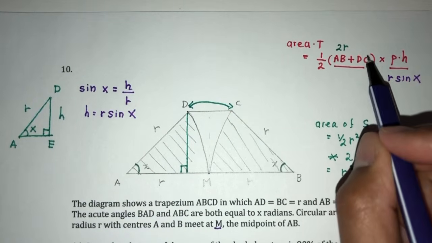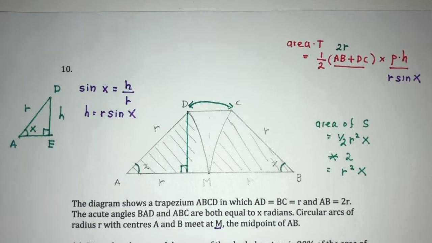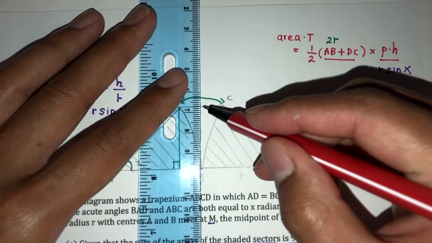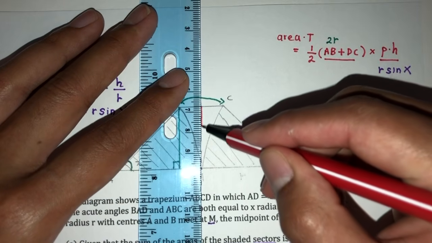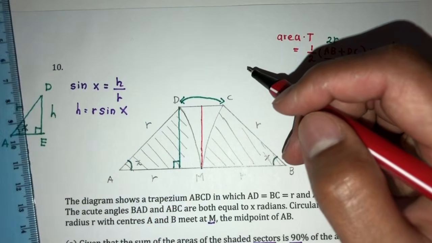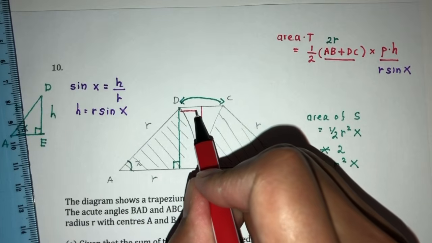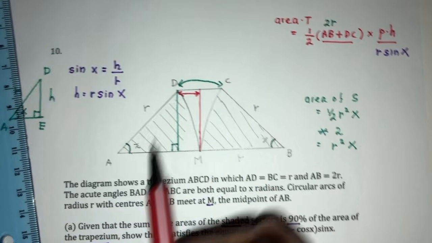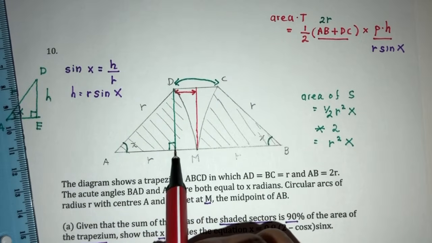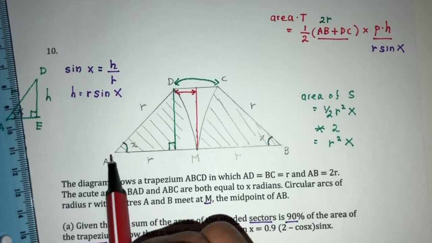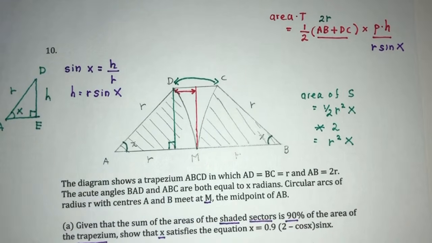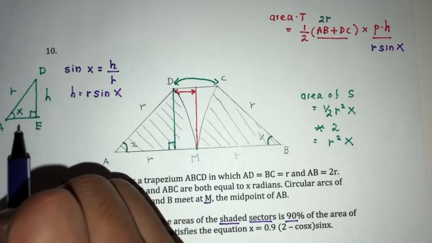Now we have to find DC. Now, how can you find DC? Let's observe. We have to break this down into a few pieces. For example, to find DC, I can first find this one, right? Now, to find this length, I can find this length and take the whole thing minus this to get this. Okay, so let's first find this one. Let's call this length y.